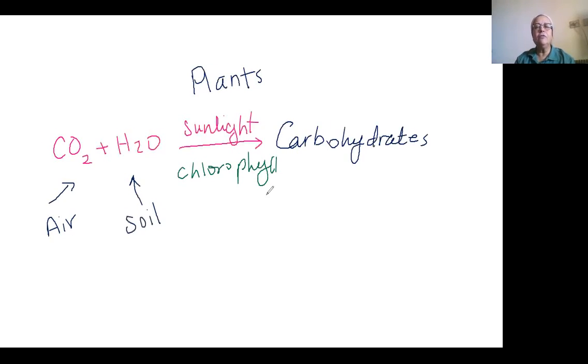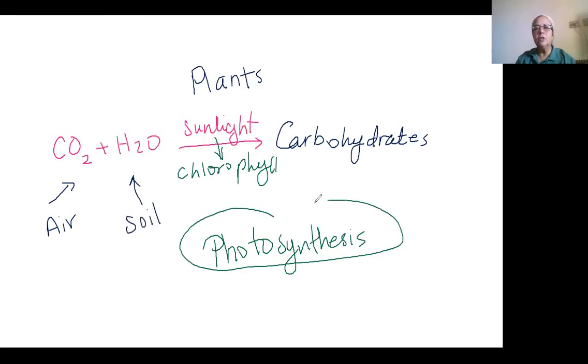And this chlorophyll is responsible for absorbing the sunlight in order to perform the process of, as we all know, photosynthesis. So photosynthesis is the process by which the plants make their own food by using simple inorganic materials to produce organic materials in order to get their energy from.